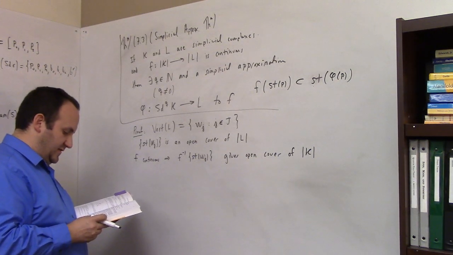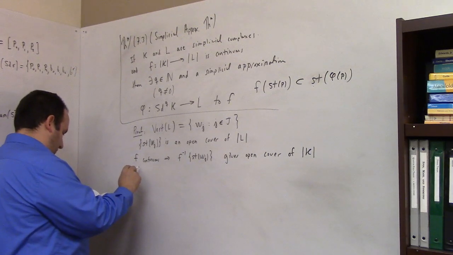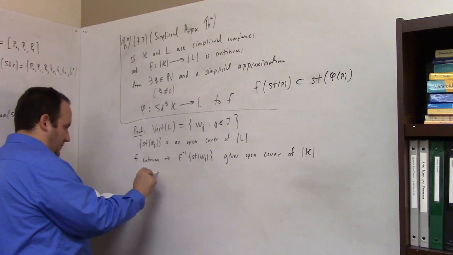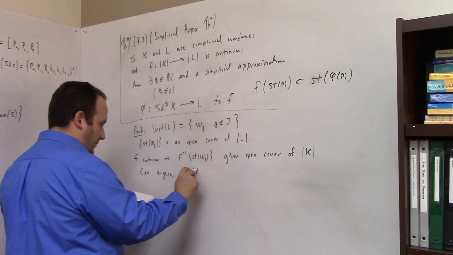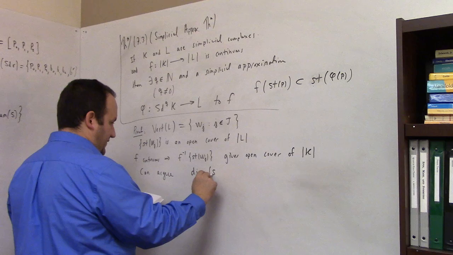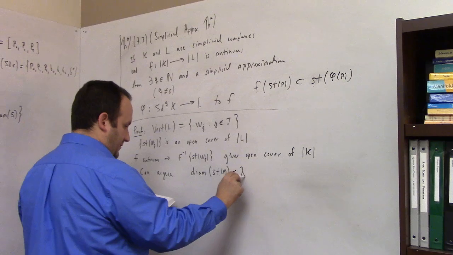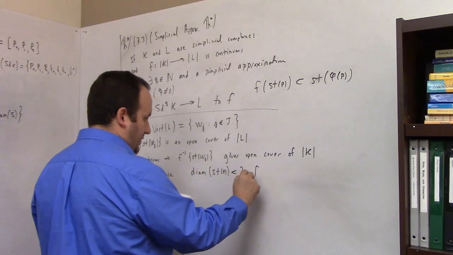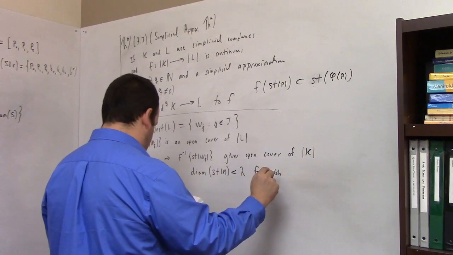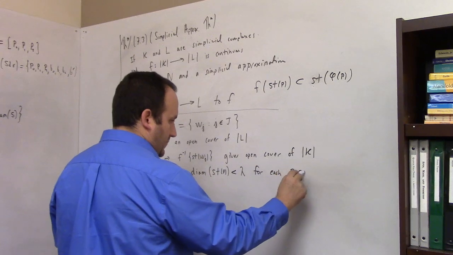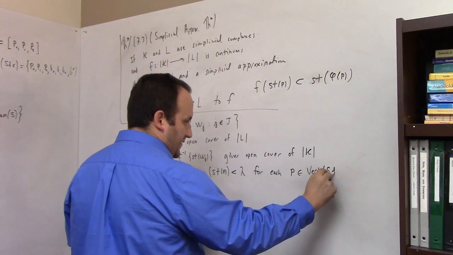So what's this get us? We can argue that the diameter of the star at P is less than lambda for each P in the vertices of the Qth subdivision of K, I suppose.